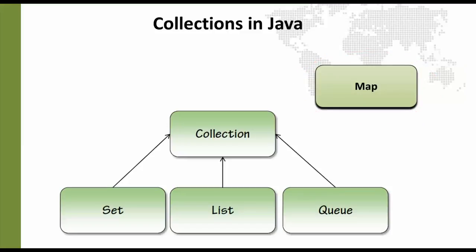But the basic structure in Java is that all of these are interfaces that you are looking at here, and you have different concrete implementations or different classes that implement these interfaces in order to create these collections. And these collection interfaces basically just define the way that you can interact with them.